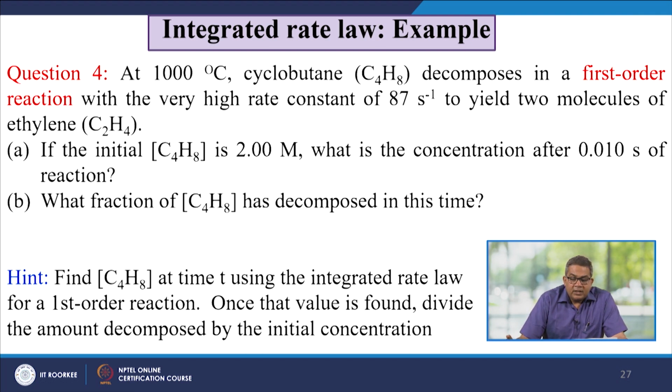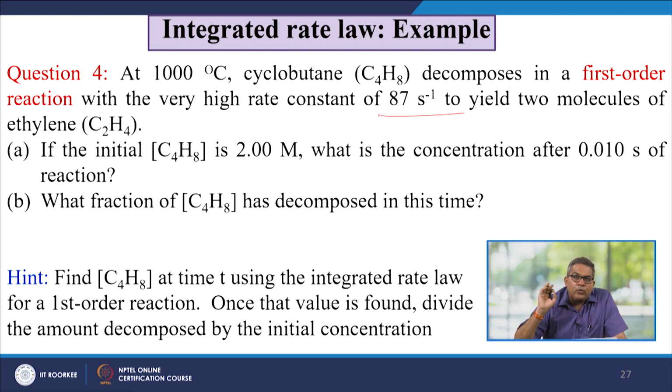Now let us take another example. At 100 degrees Celsius, cyclobutane, that is C4H8, decomposes in a first order reaction with a very high rate constant of 87 per second to yield 2 molecules of ethylene, C2H4. If the initial concentration of C4H8 is 2 mole, what is the concentration after 0.01 second of the reaction?